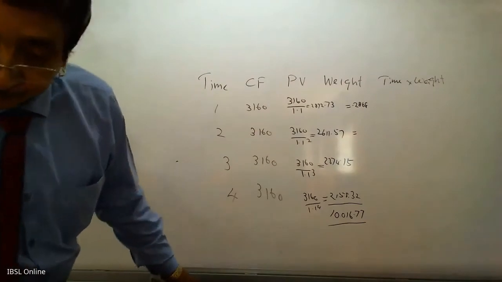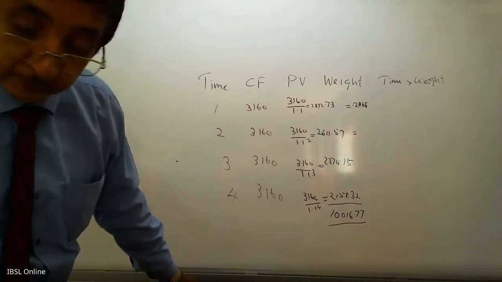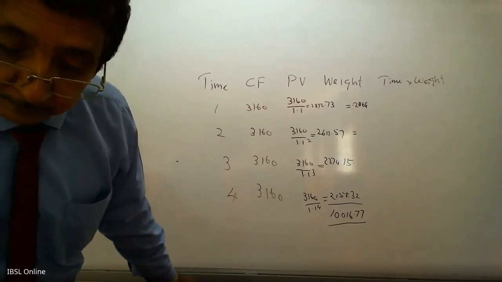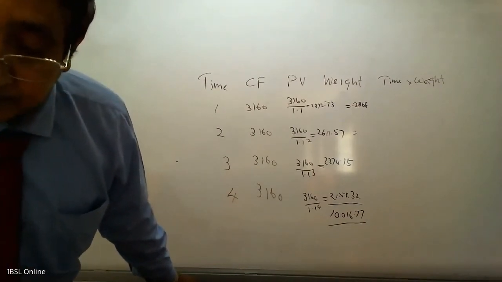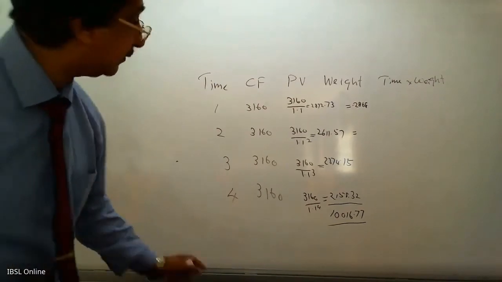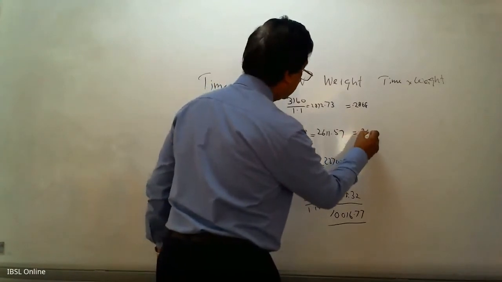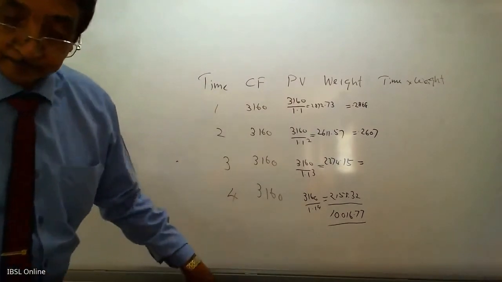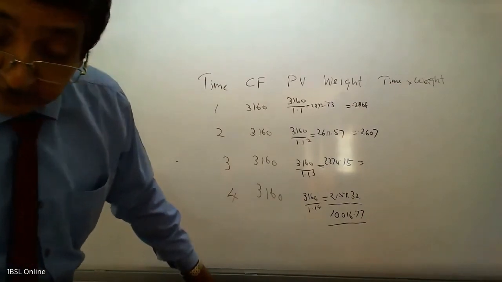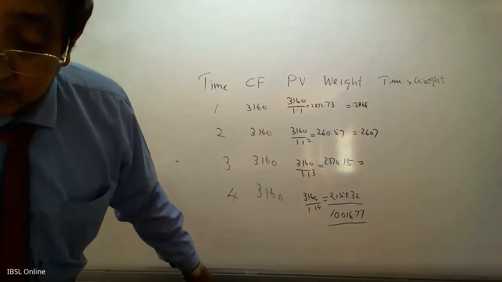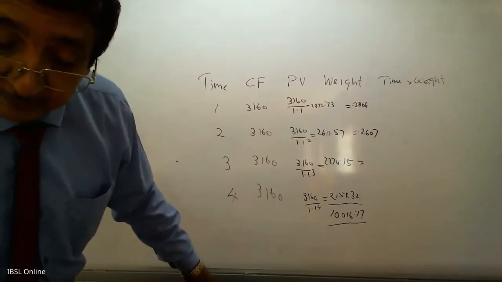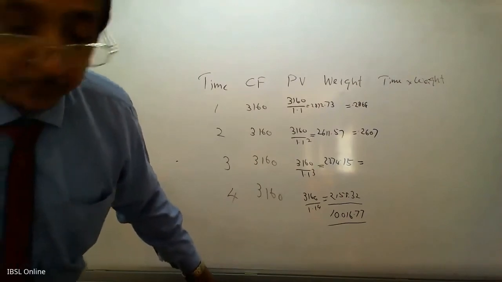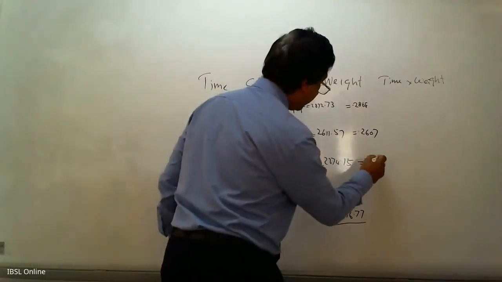Next one, 0.2607. Then 2,374.15 divided by 10,016.77 is 0.2370.